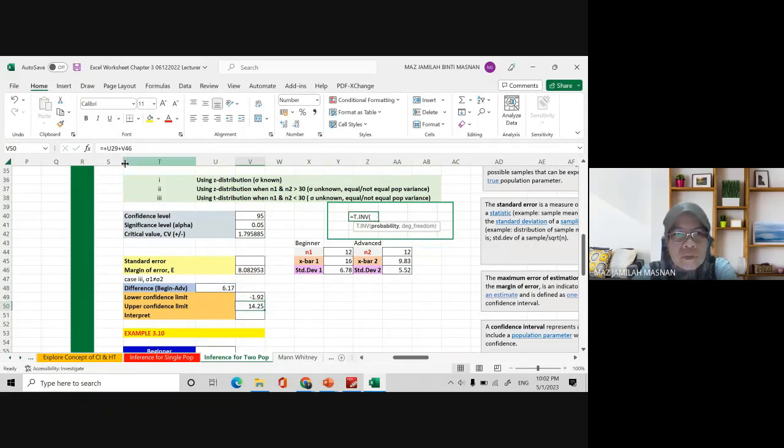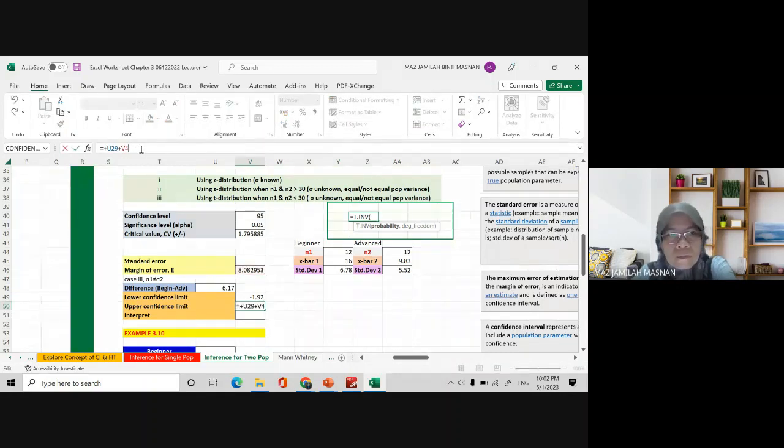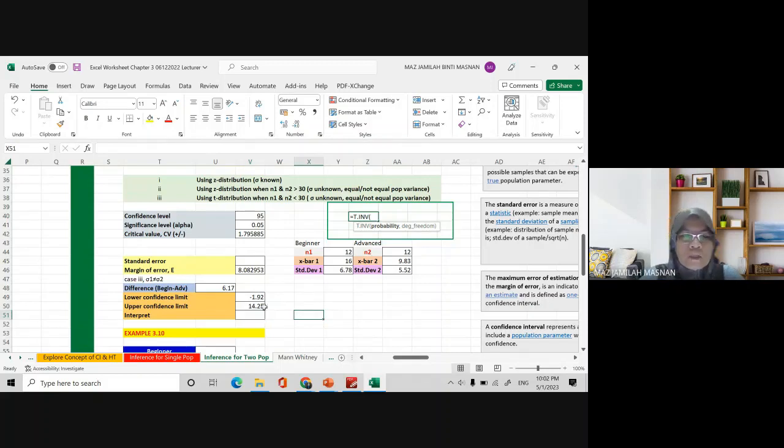And for the upper limit, it should be the difference plus the margin of error. So the 95% confidence interval for this is between negative 1.92 and 14.25.